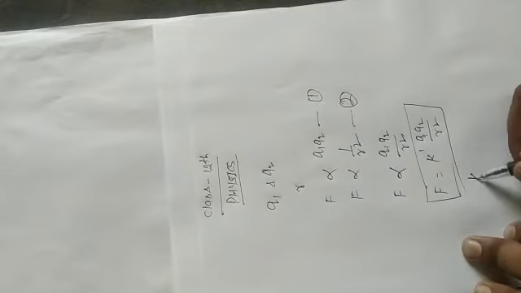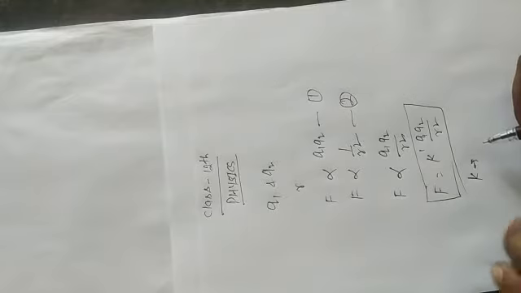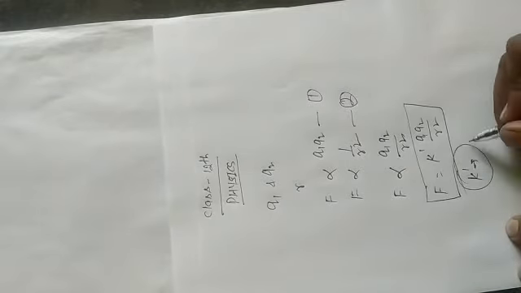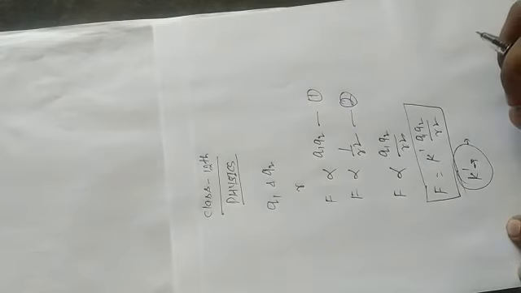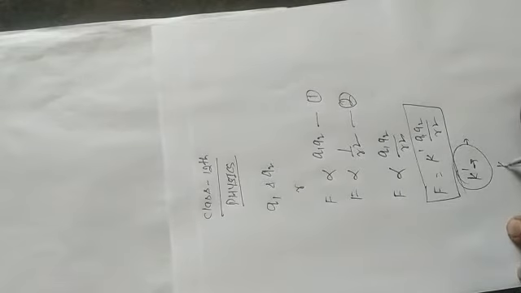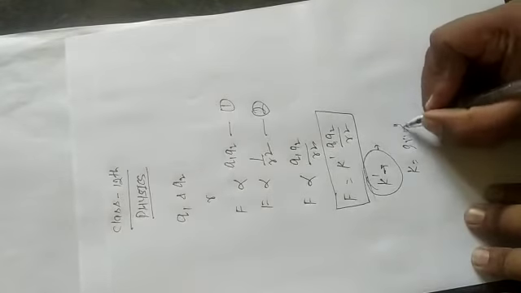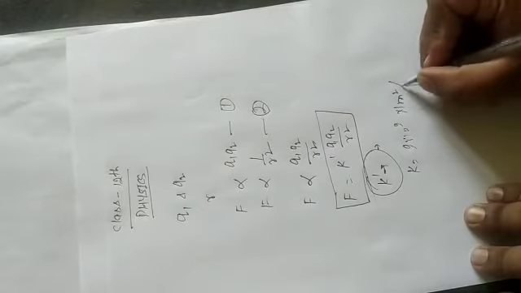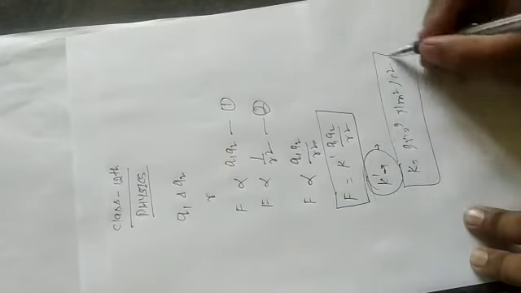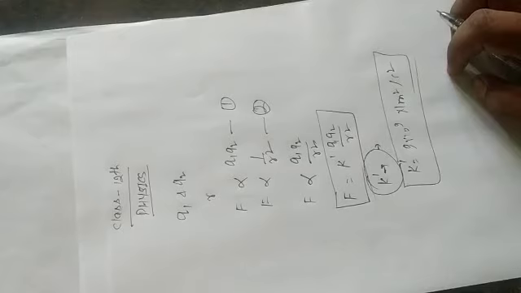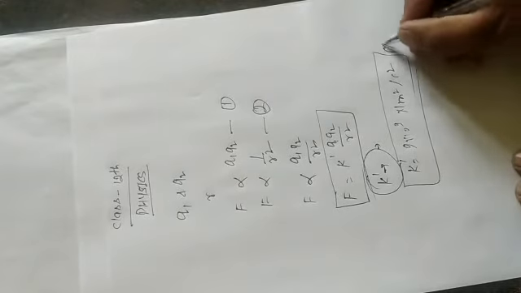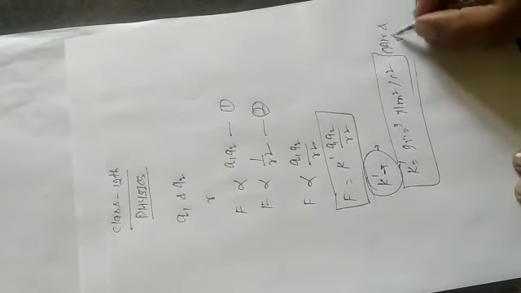Here K dash is a constant which depends on the nature of the medium, and its value is 9 into 10 to the power 9 Newton meter square per Coulomb square. It is only for air and vacuum.